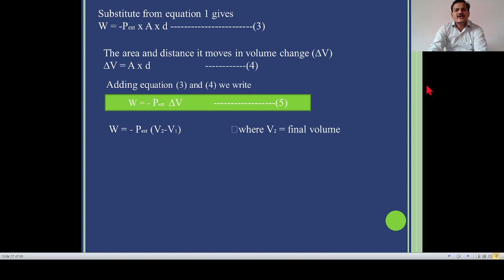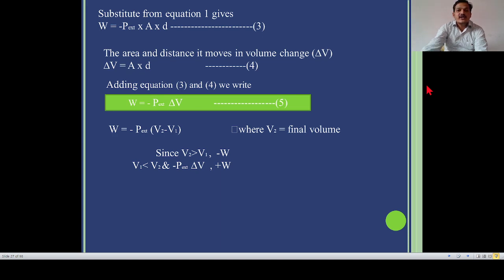So delta V, as we know, V1 is the initial volume of gas and V2 is the final volume of gas. So W is equal to minus Pex into V2 minus V1. Since V2 is greater than V1, that is in the expansion case, W is negative.